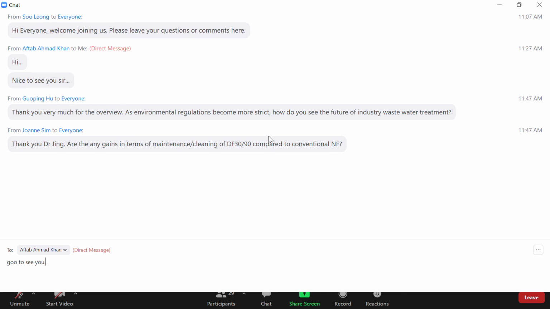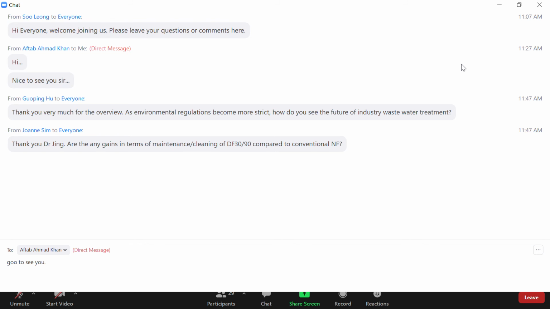For the future of industrial wastewater treatment, I think we probably need to pay more attention to water reuse, because a huge amount of water is used in industry.